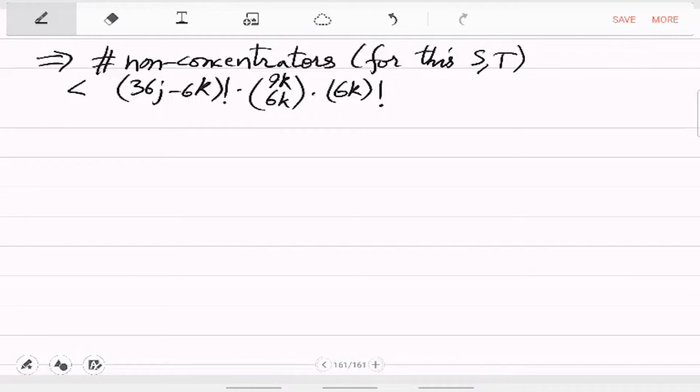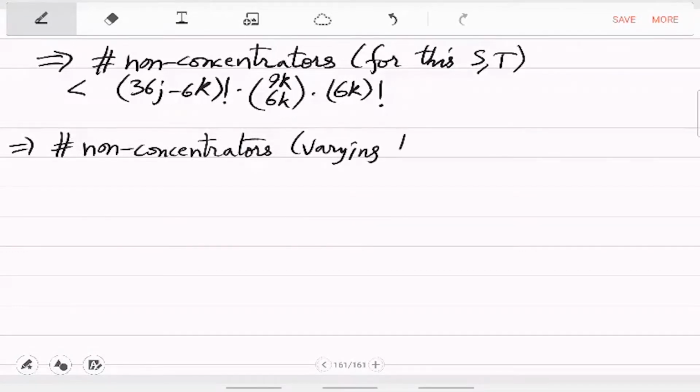So which means that the number of non-concentrators, now you vary k, S and T. So if you vary that, then what do you get? Then you have to sum up the above value. So that is k equal to 0 to 3j, because k can go a maximum to 3j.